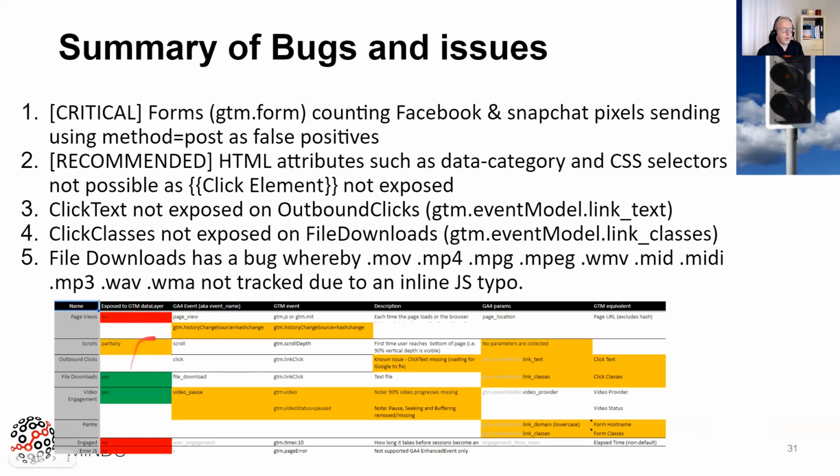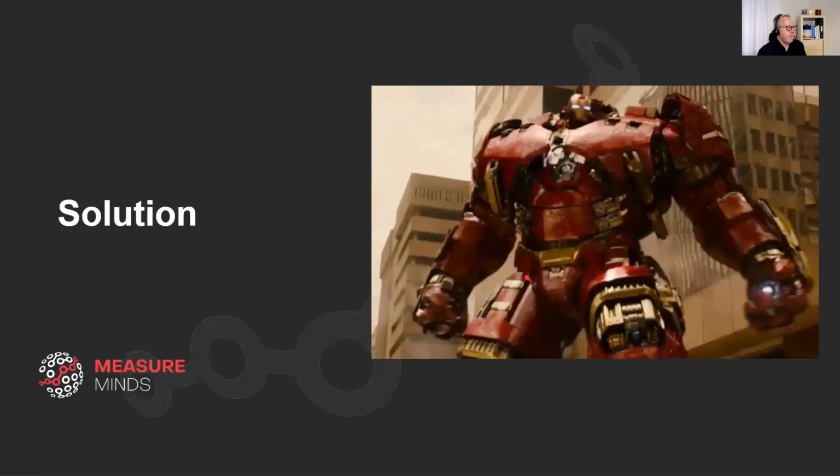Now there's a file which I can share afterwards with more detail about those, but the two that I would say, the critical one is the form submit, and the second one is exposing that click element. And there's some other small issues with outbound clicks, file downloads, and actually the file download one, there's a comma that's been added in the wrong place in GTAG.JavaScript, which is really an obvious typo again, which has not been corrected.